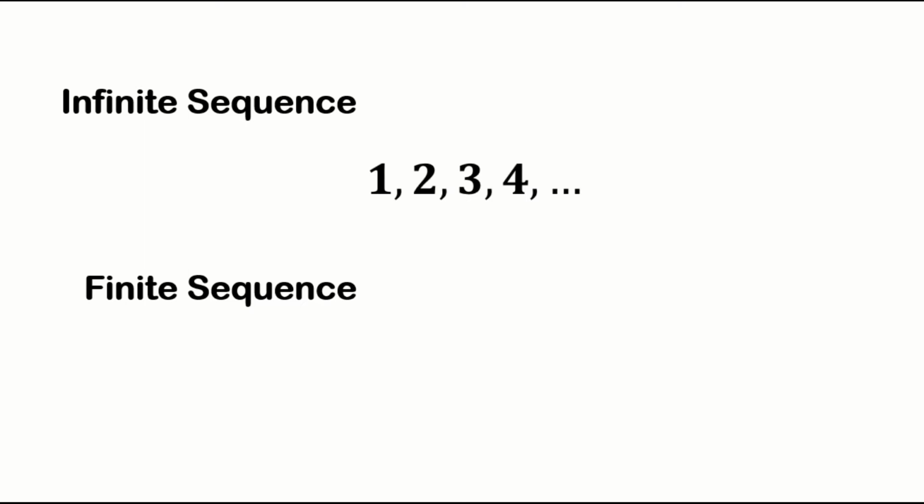Otherwise, it is a finite sequence. Examples: the elements 1, 2, 3, 4, and so on is a very simple sequence. This is an infinite sequence. The elements 1, 3, 5, and 7 is a finite sequence.